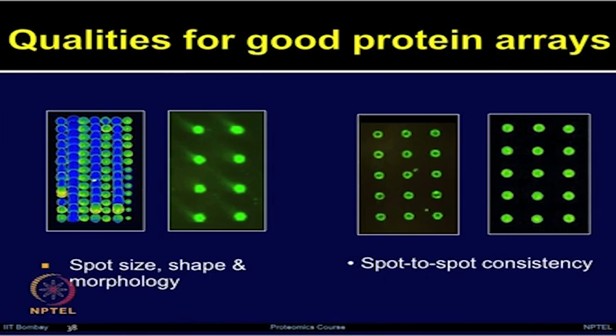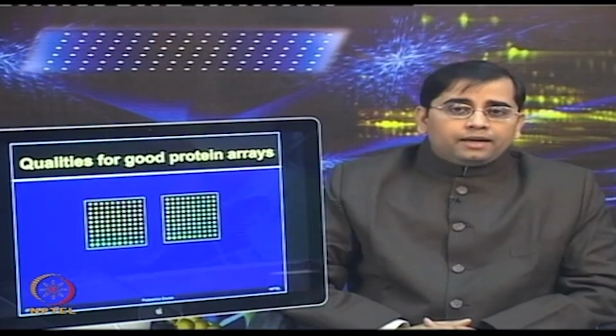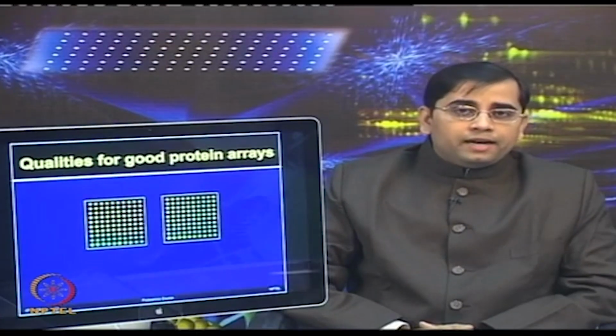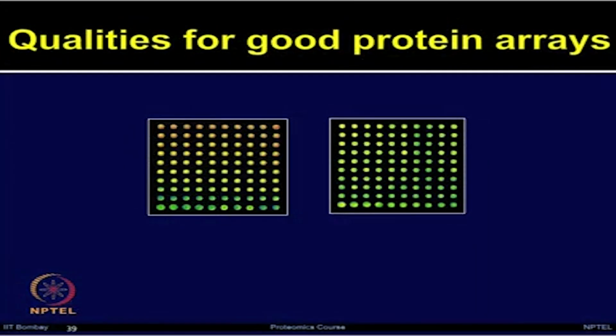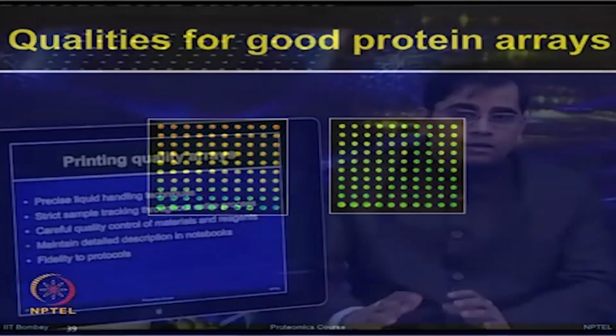So, one needs to ensure that all these parameters are properly quality control checked. Again, looking at the spot morphology and the uniformity of the spot, one can think of various parameters which could be useful. For example, spotting solutions, spotter capability, maintaining the temperature, maintaining the humidity conditions, keeping a dust free environment, etc.